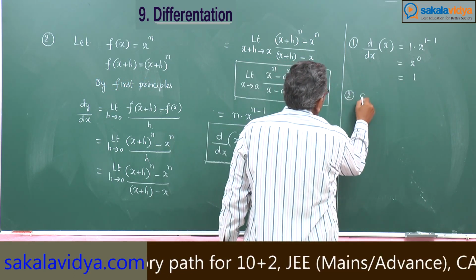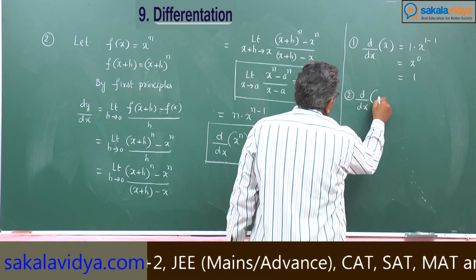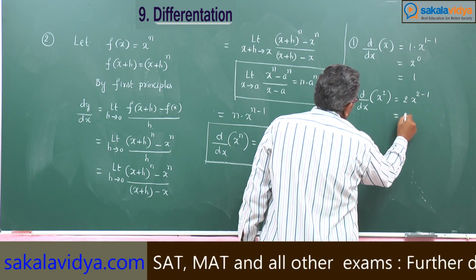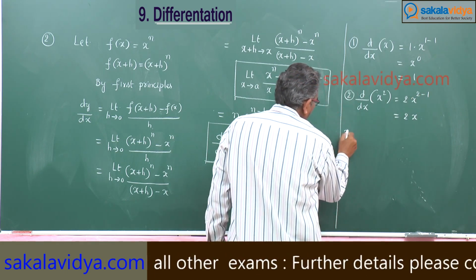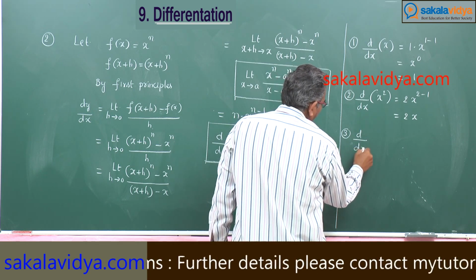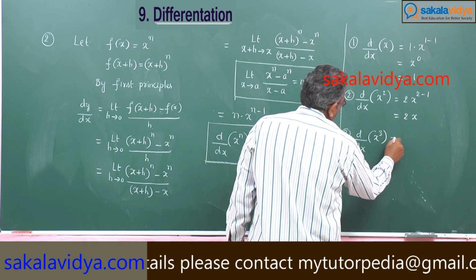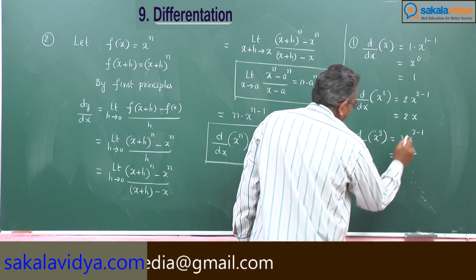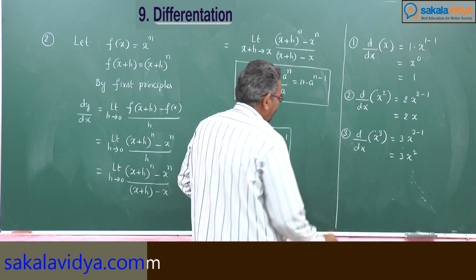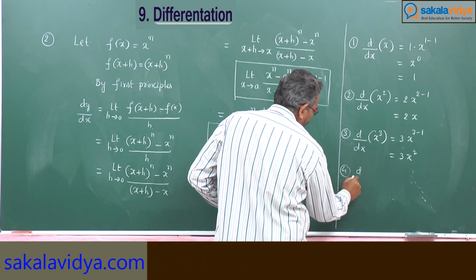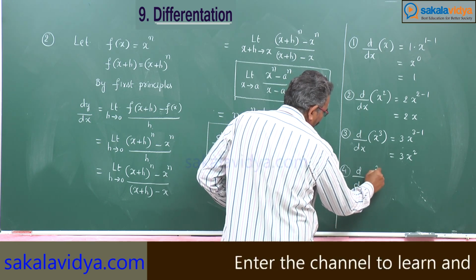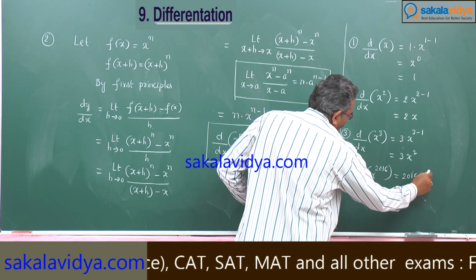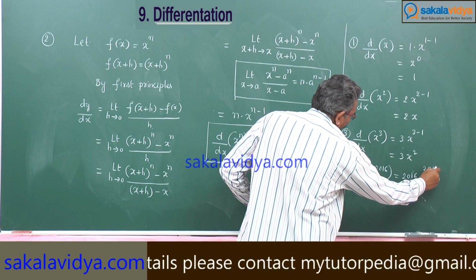Now, d by dx of x square, 2 into x to the power of 2 minus 1, that is 2x. d by dx of x cube, 3 into x to the power of 3 minus 1, 3x square. Similarly, d by dx of x to the power of 2016, this we can write 2016 into x to the power of 2016 minus 1, 2015.